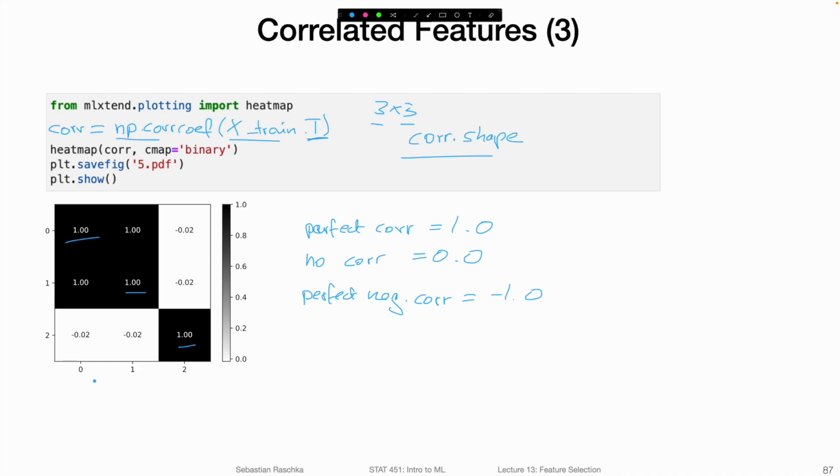So what we can see here is, let's read it from here. Feature index 0 is perfectly correlated with feature 1. So these 1 and 0 here, they are perfectly correlated. And 0 and 2, let's say, there's no correlation between the two.